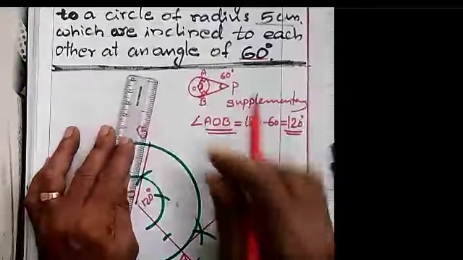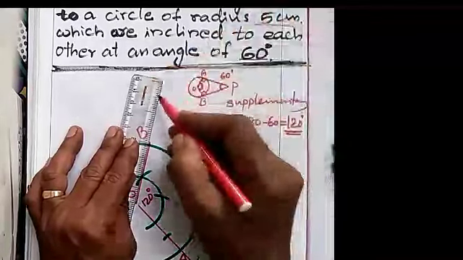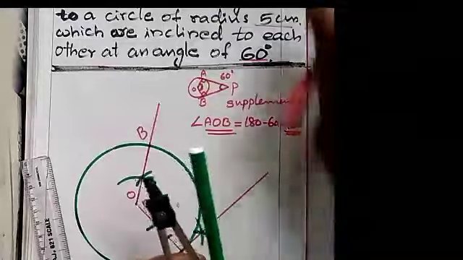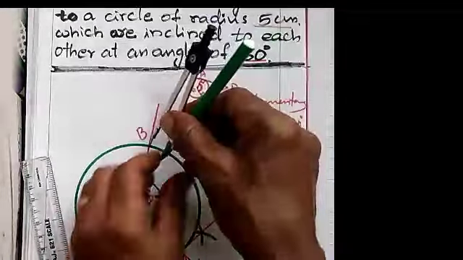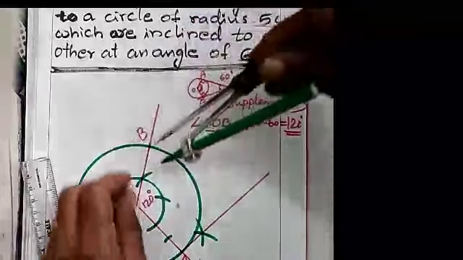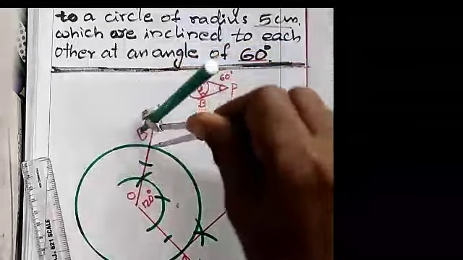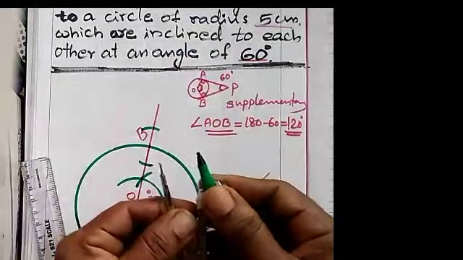Now in the same way we have to construct one angle of 90 degree at B also. For that, the same method: you are extending the radius OB. Now same method. Take any convenient, smaller radius with B as center. Draw two arcs on both sides. Okay, so here it is, one and another one here. Now extend this a little more.